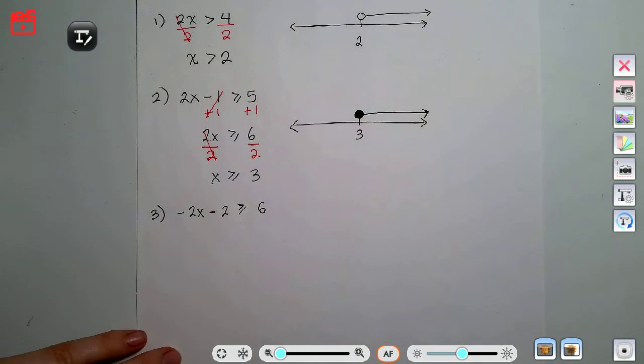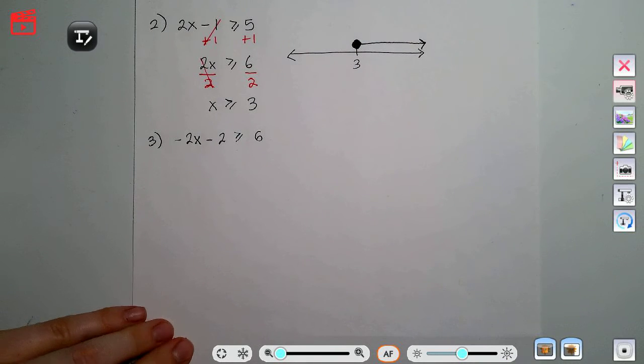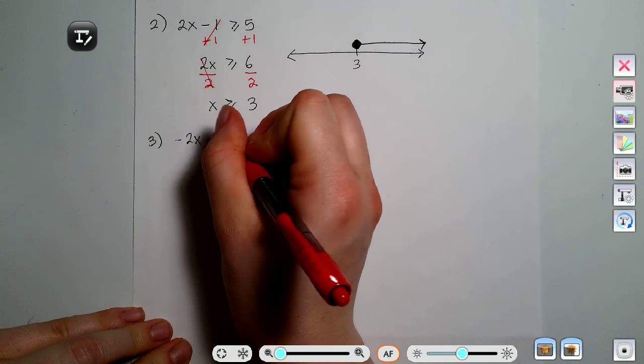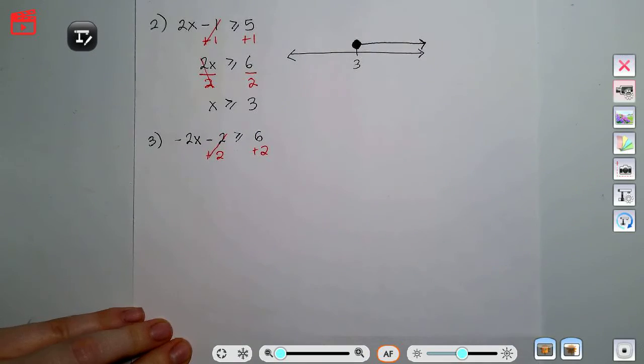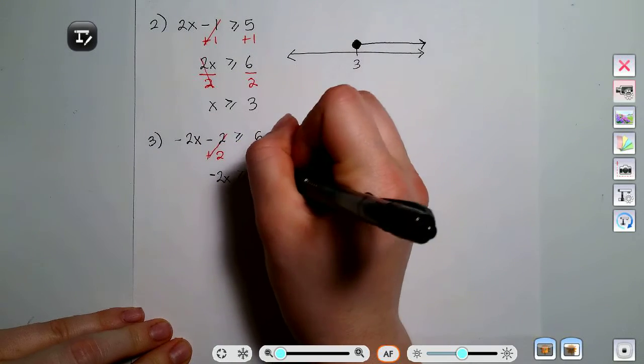Okay, so go ahead, try to see if you can solve this. All right, let's go ahead and solve. So we're trying to solve for x as usual, so let's add the 2 to both sides. Minus 2x greater than or equal to 8.